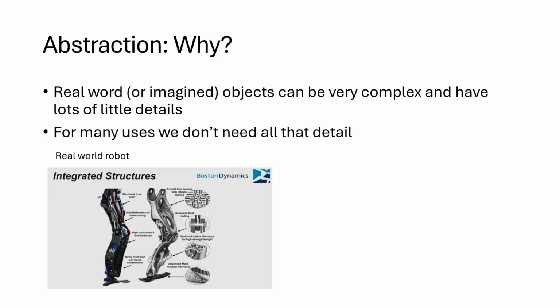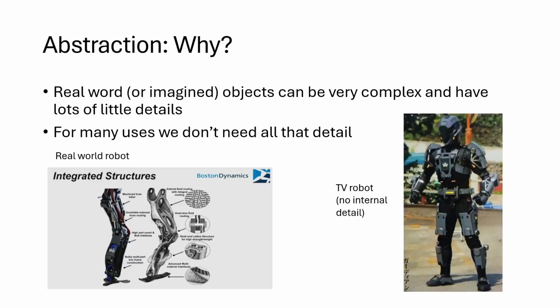And for many uses, we don't need all that detail. For example, if you're trying to represent a robot on TV, you won't need to know all the details of how that imagined robot might work inside. You don't need to create a full robot to do that, or have plans for the inside of what that robot would do exactly. Or if you do, they could be very broad and not exact details.